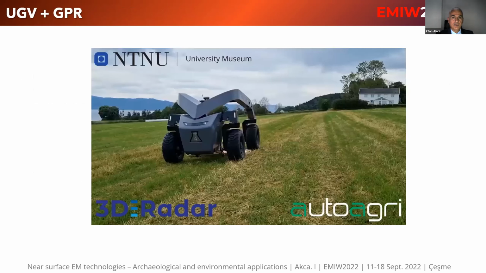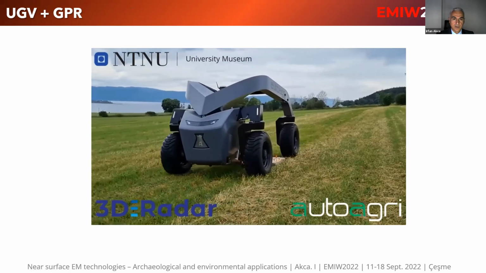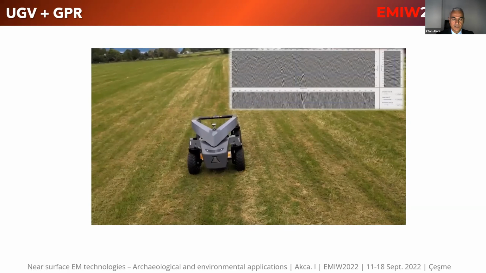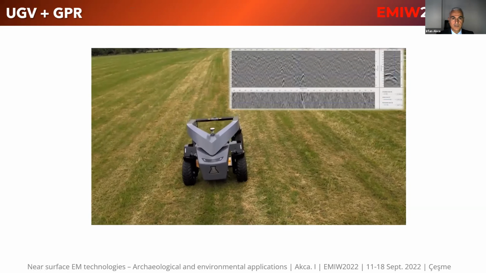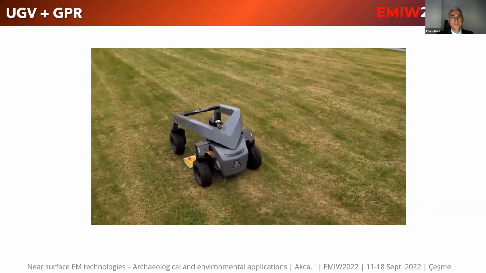Okay, there are also some other applications which we have seen in the latest years. For example, autonomous land-based or ground-based vehicles are used to measure with GPR systems. You see a device here which is mainly designed for agricultural applications, but at the moment it's equipped with a multi-channel GPR system.